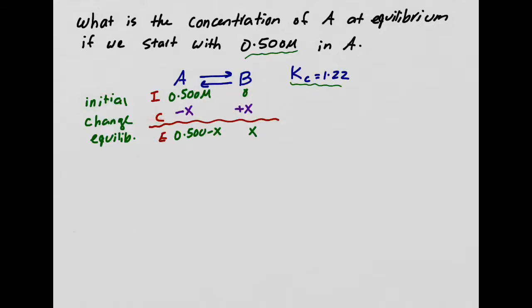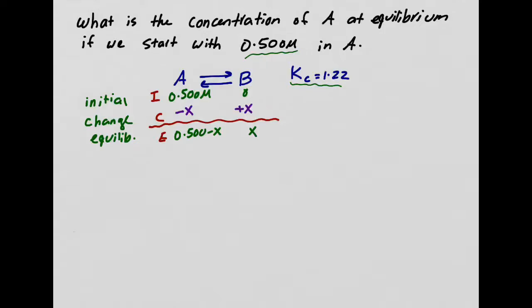And then what is the change? X amount of A is going to go away, and X amount of B is going to be formed. So at equilibrium, it's 0.500 minus X, and then this would be X. So far, so good. Okay, that's our ICE table.